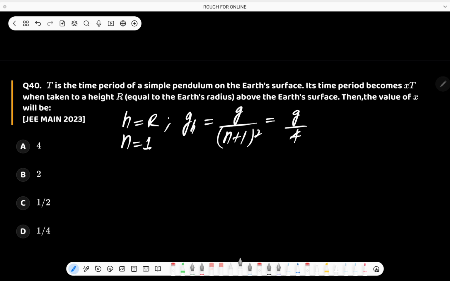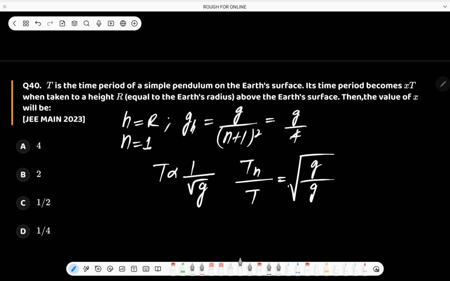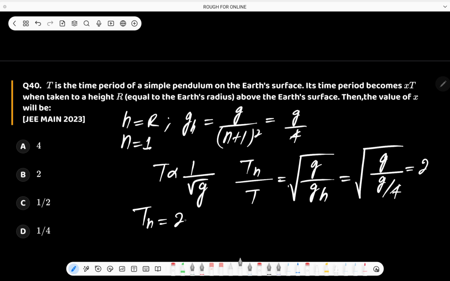So the time period is proportional to 1 by root of g, which implies that time period at height h divided by time period t will be equal to square root of g by gh. ठीक है जी. So that will be equal to square root of g divided by g divided by 4. This g and g will cancel. Square root of 4 is 2, which implies th is equal to 2 times t. So the value of x is simply equal to 2.